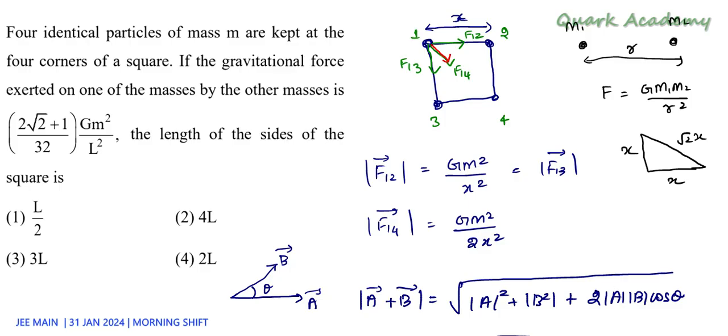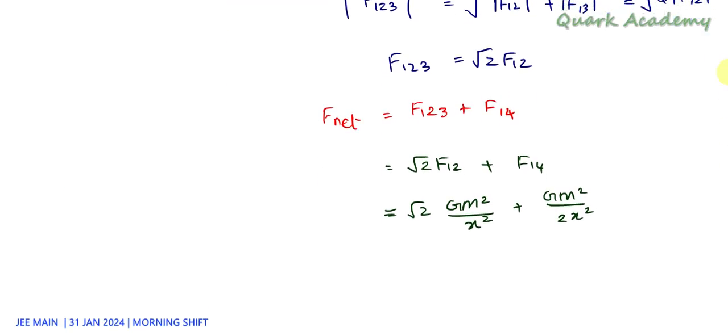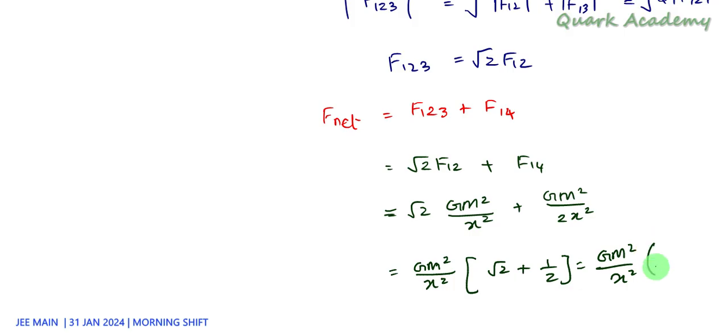If we look at the question, they have written something multiplied with Gm squared by L squared. So Gm squared by x squared, I take it out, leaving root 2 plus 1 by 2. This becomes Gm squared by x squared into (2 root 2 plus 1) by 2.